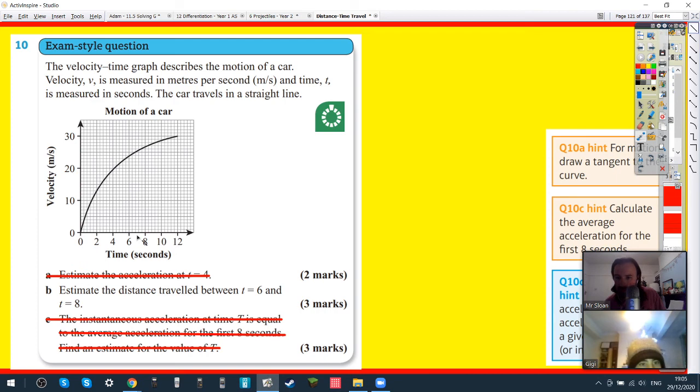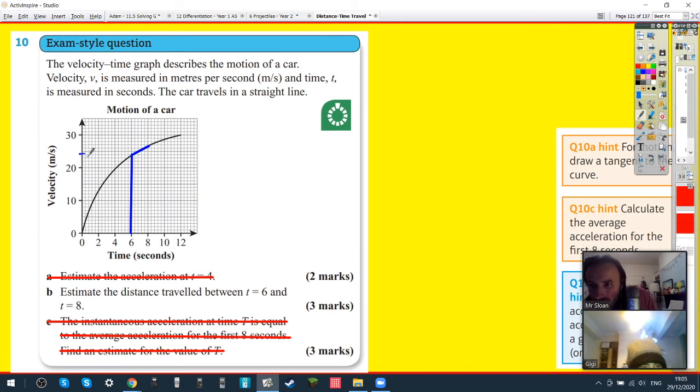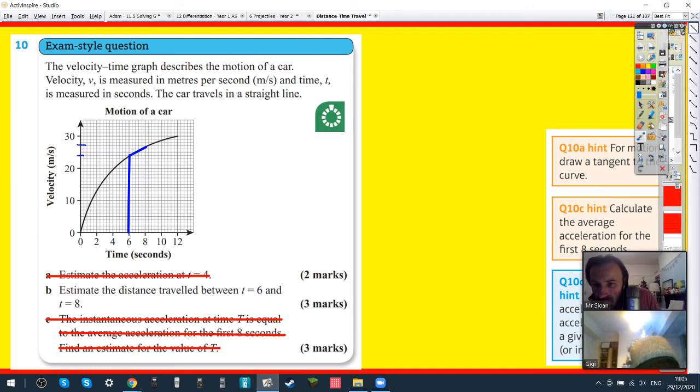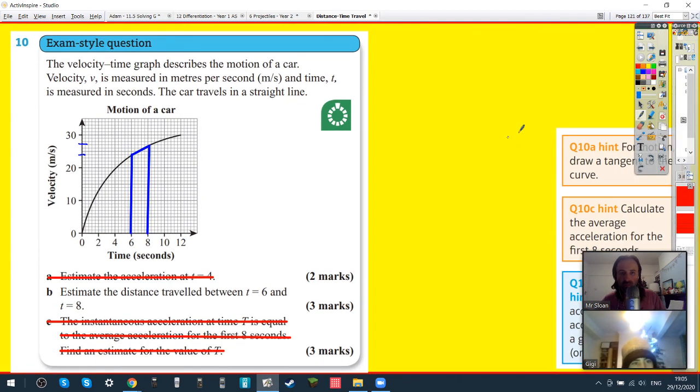So draw a line from 6, a line from 8. So A would be 24.